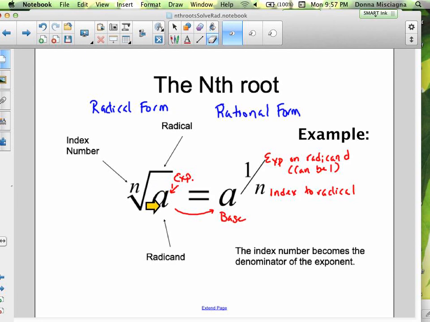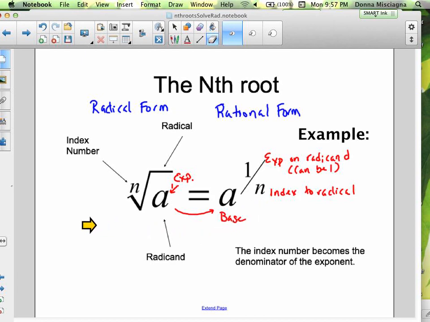If we want to take that radical and change that to rational form, so it has an exponent, what's under the radical is going to be our base. And then to get the exponent, the numerator is just going to be the exponent on the radical, and it can be 1. And the denominator is going to be the index to the radical, so it's going to be 2 or greater.